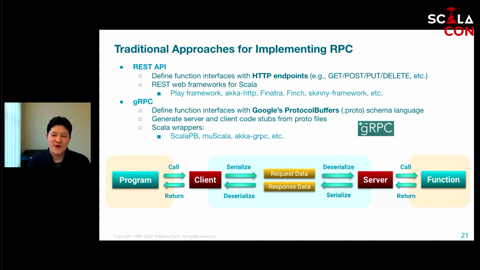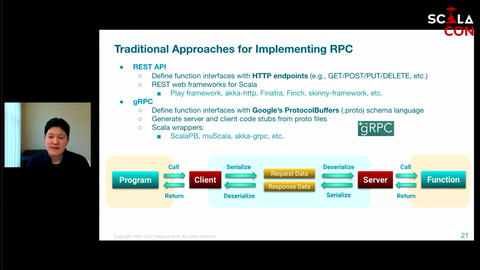There are many REST frameworks for Scala as well, like Play framework, Akka HTTP, Finatra, Skinny framework. You can use whatever framework for building a REST API. If you want to use gRPC, which is based on the HTTP/2 protocol for low latency interaction, you need to use Google's Protocol Buffers schema language to define the RPC interface or define Protocol Buffer objects so that you can send the data in the binary format.